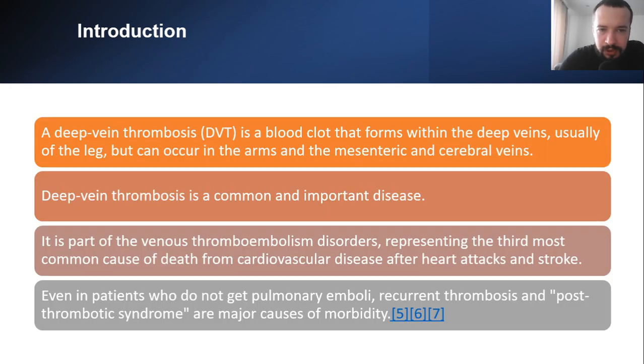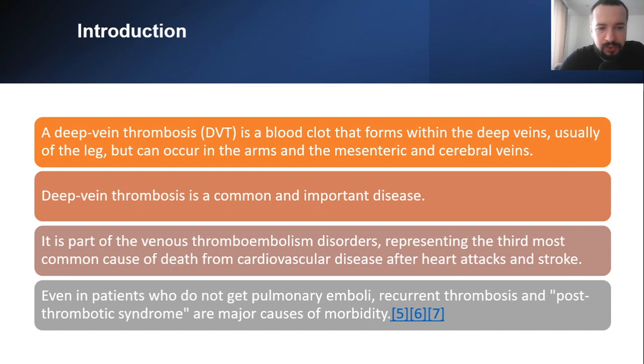Deep vein thrombosis is a blood clot that forms within the deep veins, usually of the leg, but can occur in the arms and the mesenteric and cerebral veins. Deep vein thrombosis is a common and important disease. It is part of the venous thromboembolism disorders, representing the third most common cause of death from cardiovascular disease after heart attacks and stroke.